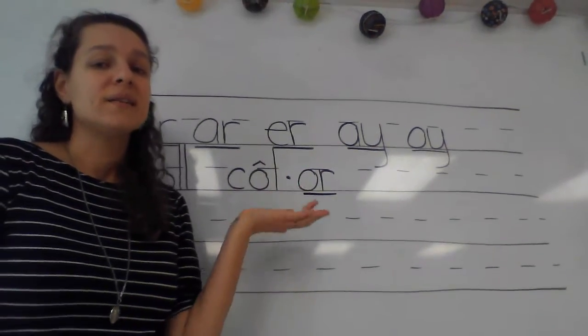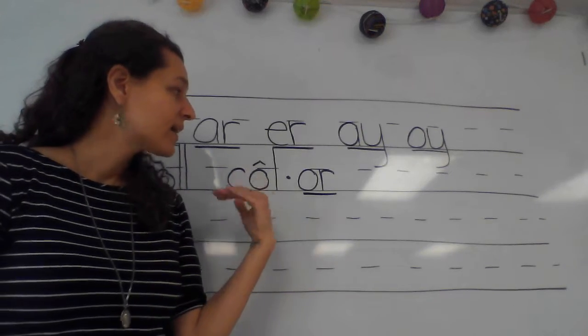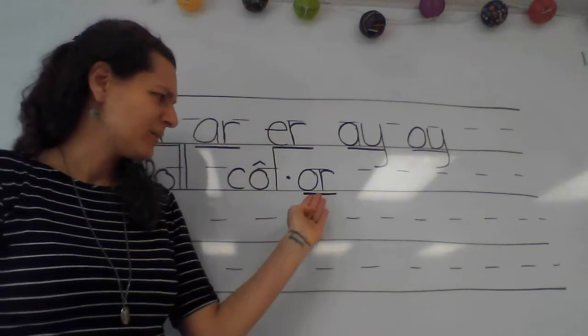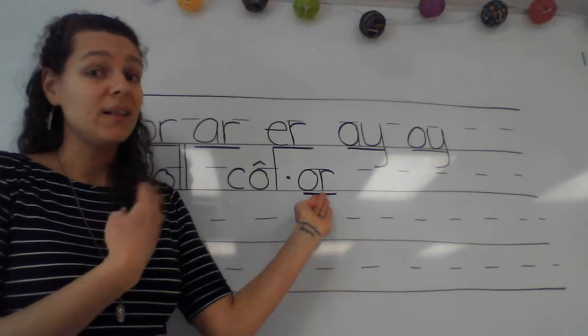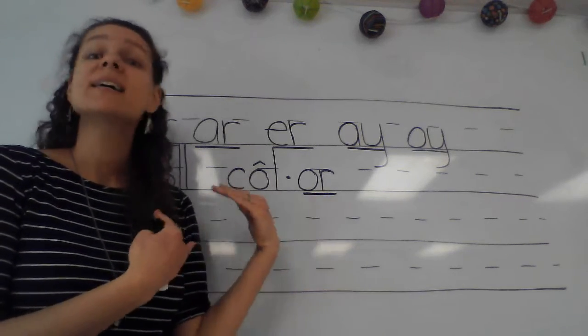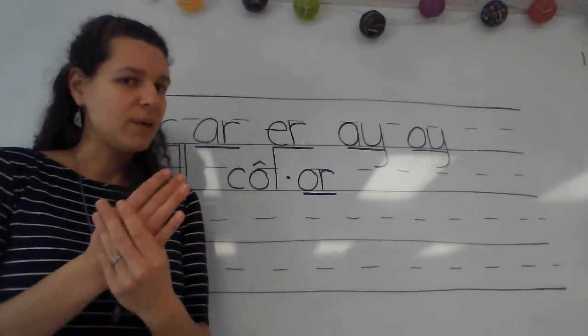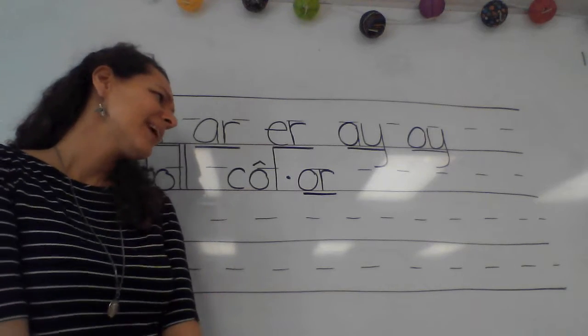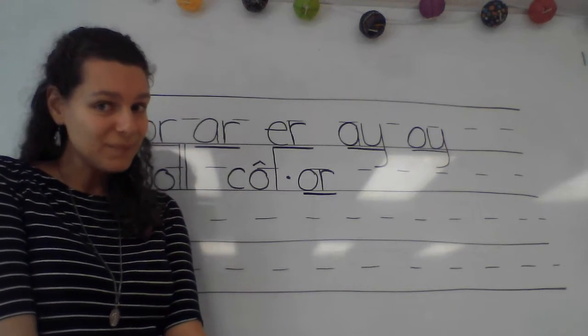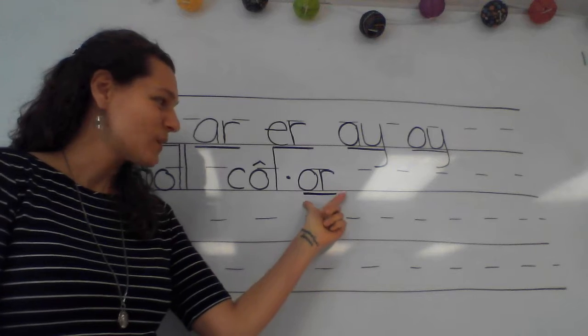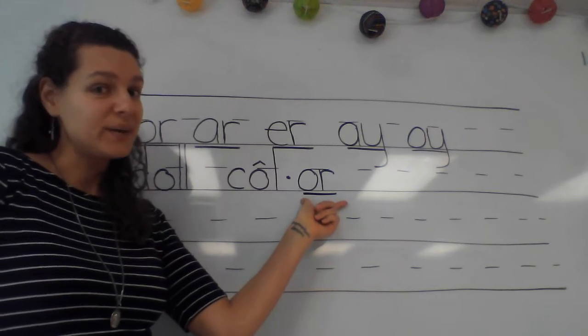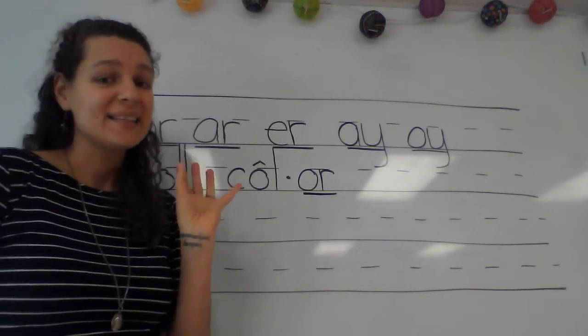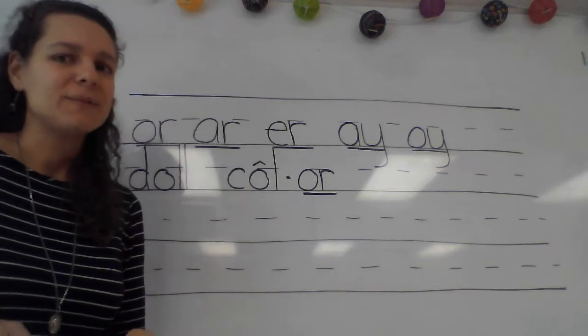All right, so color, color. We're looking at the second syllable now. Color is how we say it to spell it. Color is how we say it when we're talking. Class, what's going to get the thinking cap in our second syllable? It's this whole phonogram, because we say or to spell it, and it sounds like er when we're speaking.